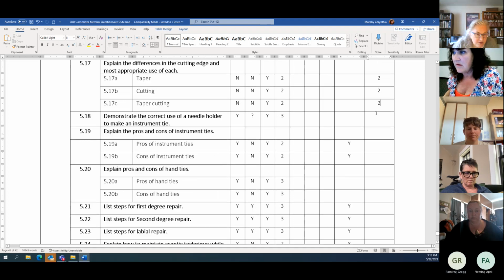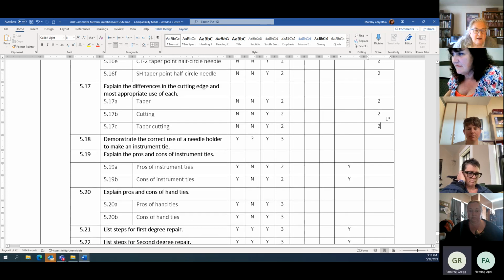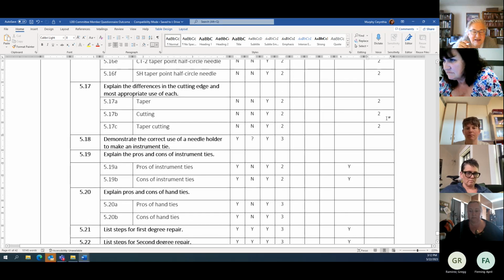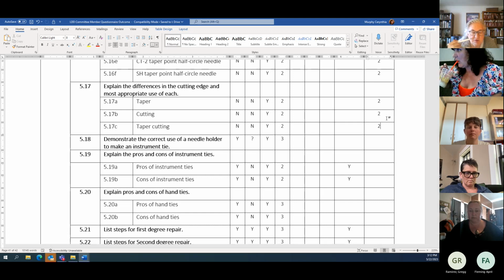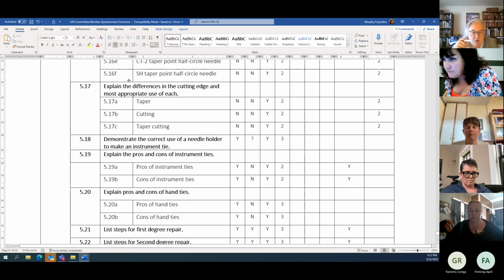The problem is that cutting and taper cutting are for suturing skin, and we don't suture skin. We shouldn't be cutting through the perineum at all. We're only doing subcutaneous. So really all we need and should be using is a taper cut or taper point, and it minimizes risk to us.